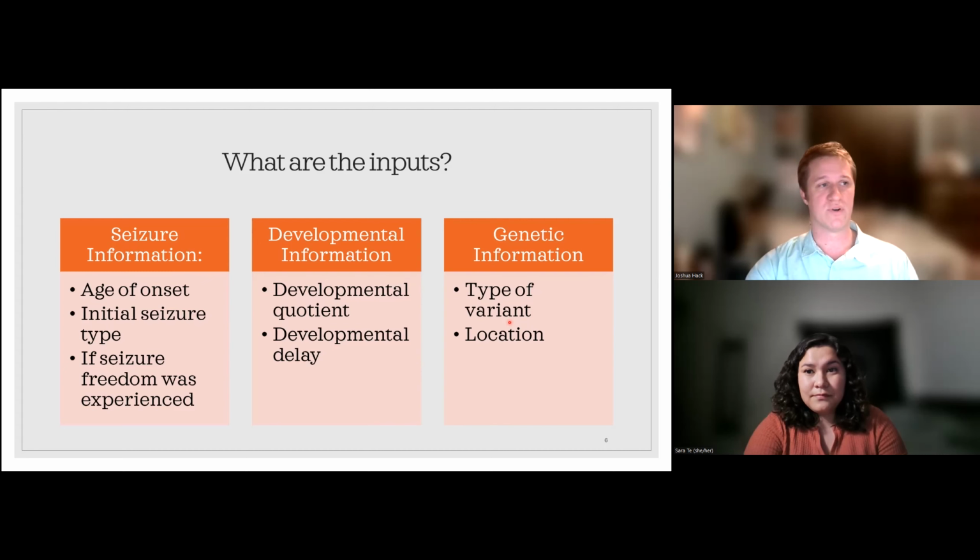So all of these inputs are being incorporated into each of our models to hopefully get a better idea of patterns that we may have been missing in previous work, and be able to predict a patient's outcome based off of these features.